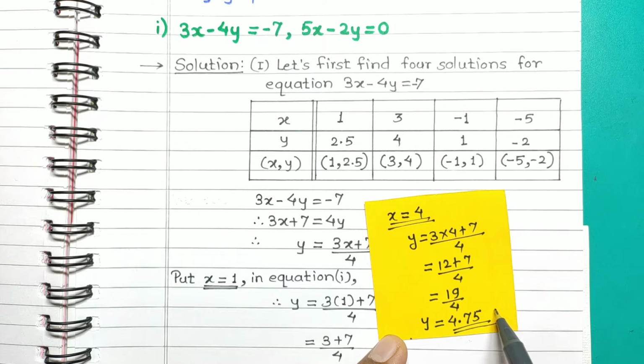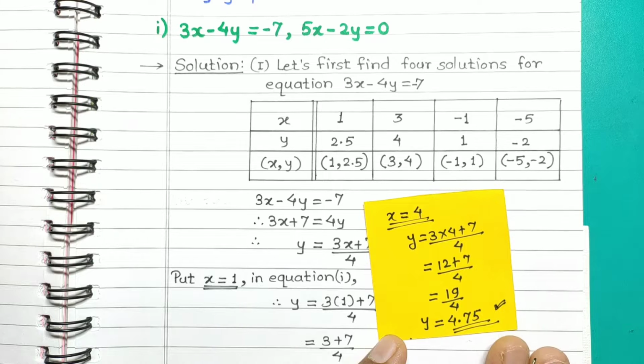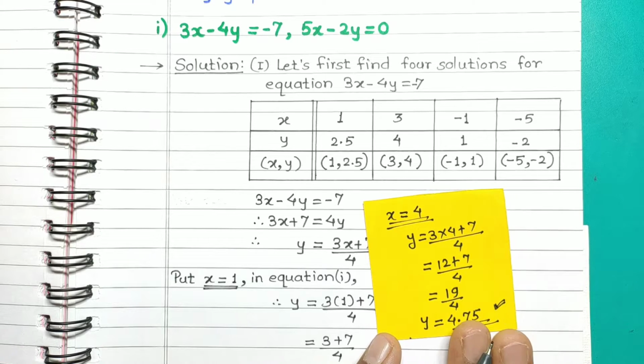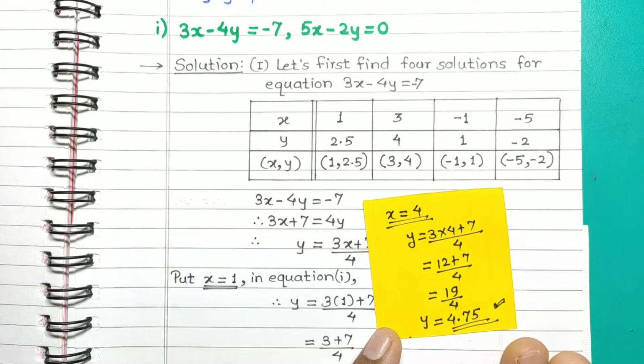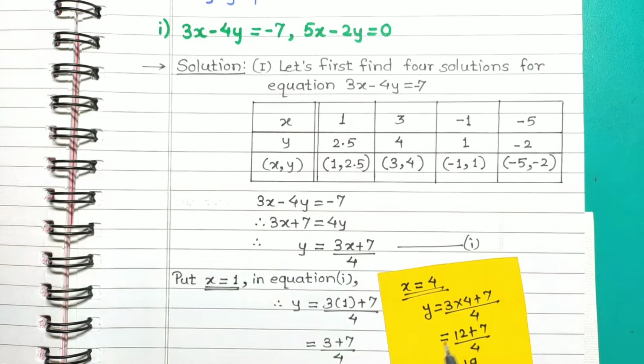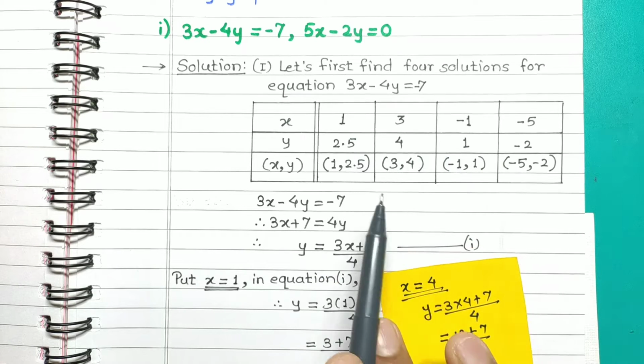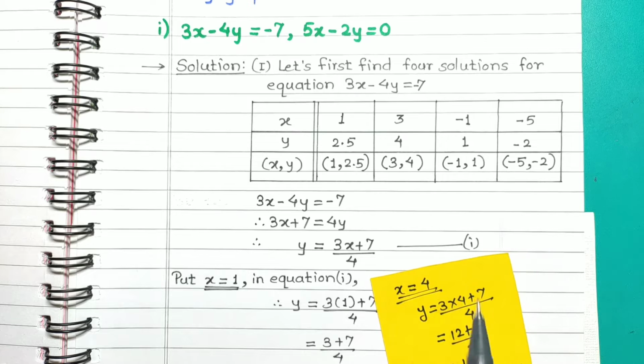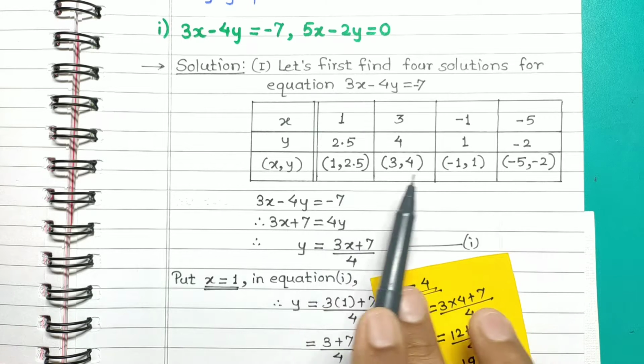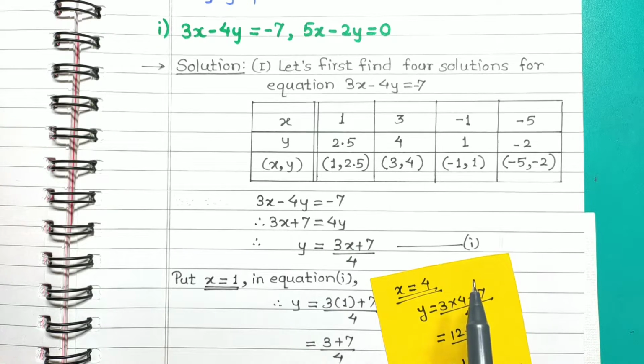See, this value is inconvenient to plot on a graph. So if you come across such calculations, you avoid such types of ordered pairs. Okay, so this is how we get 4 solutions for this first equation, these 4 ordered pairs. Afterwards we are going to plot these ordered pairs on graph paper.